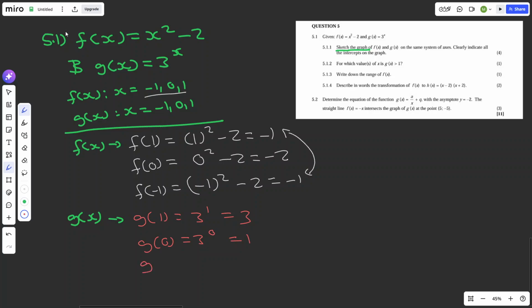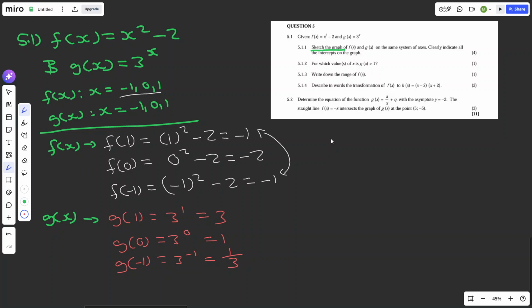And then lastly, g of minus 1. So 3 to the minus 1, this is equal to a third. So now we've got our points, right? So we understand what our coordinates are. But let's quickly write them down so that we have them ready.